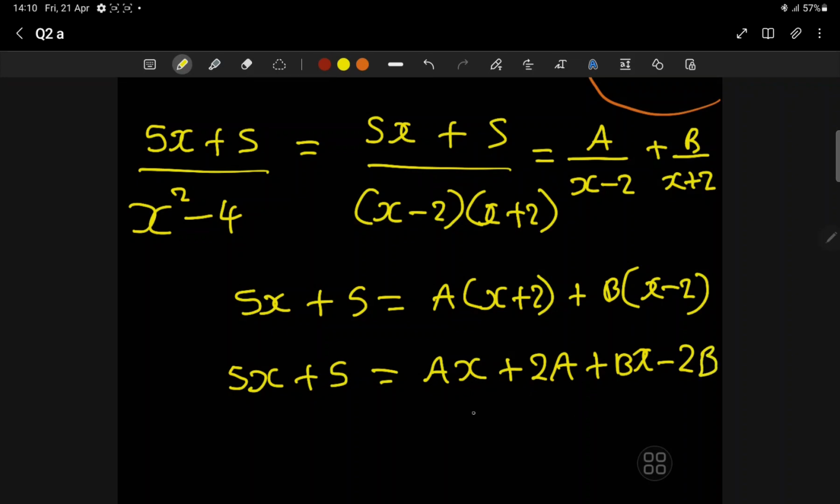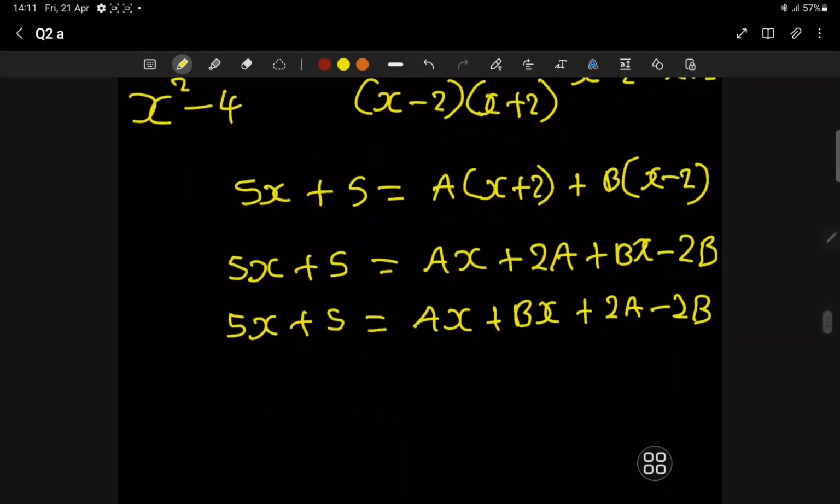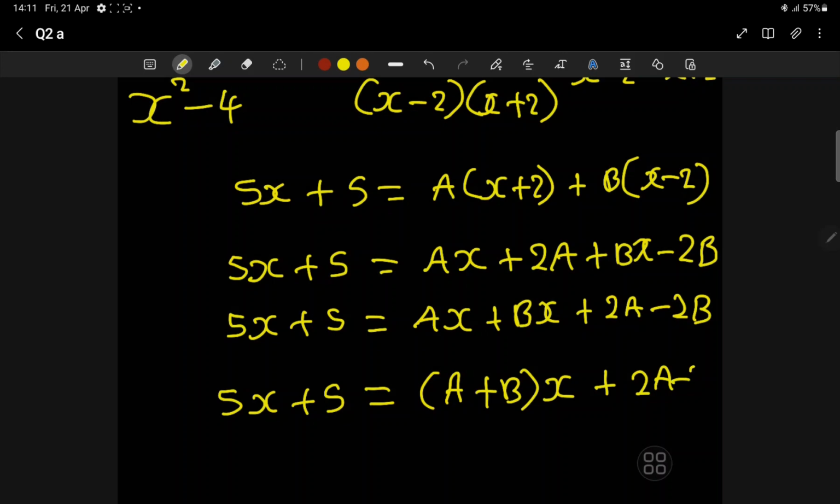We can collect the terms with x together and the constants alone. So we'll have 5x plus 5 is equal to ax plus bx, then plus 2a minus 2b. Then we can factor out the x here, so we'll have 5x plus 5 is equal to (a plus b)x plus 2a minus 2b.